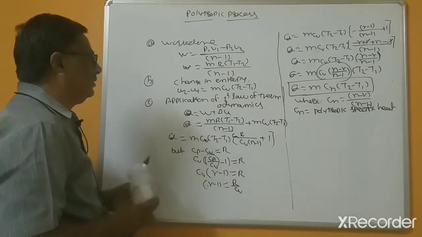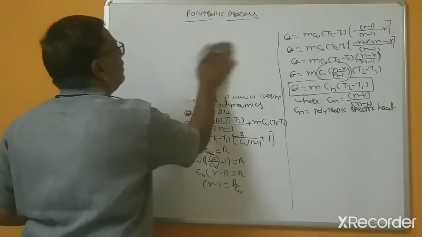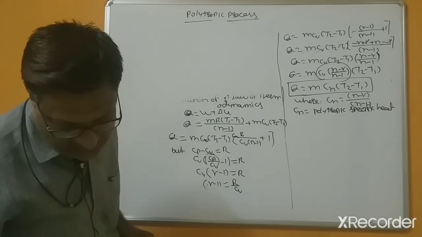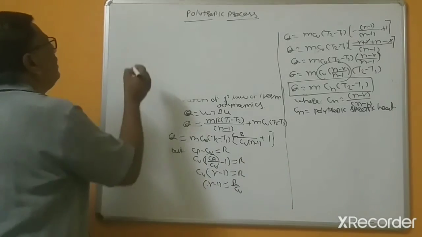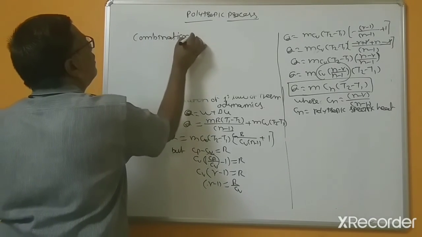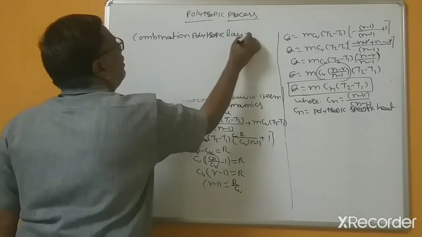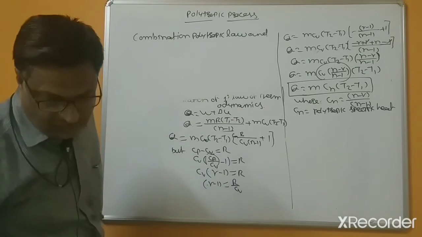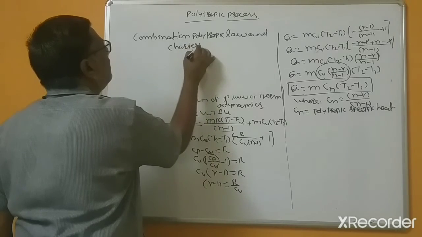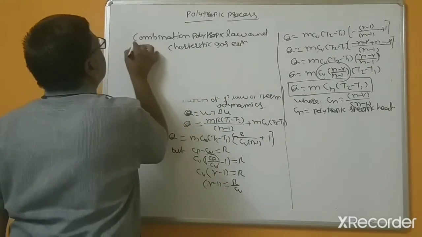So next is the relationship between, or combinations of, the polytropic law and characteristic gas equation.